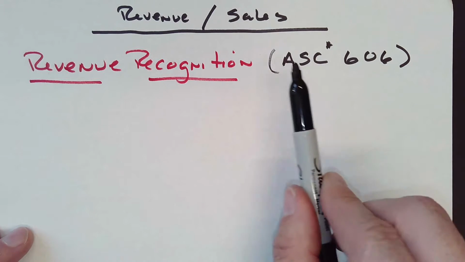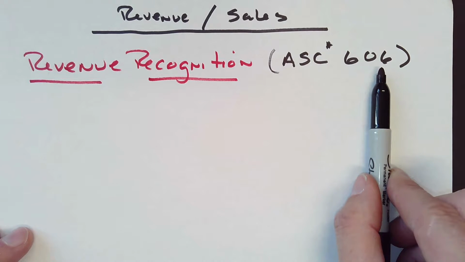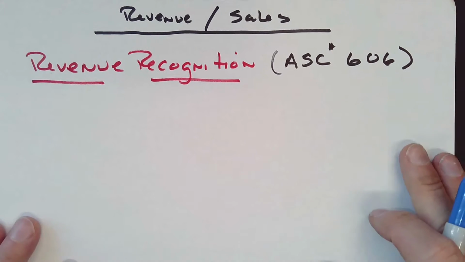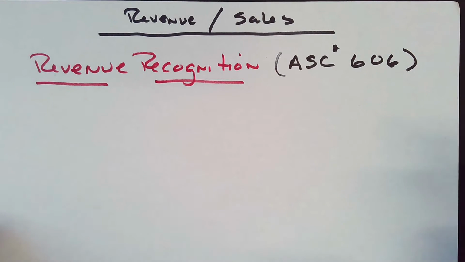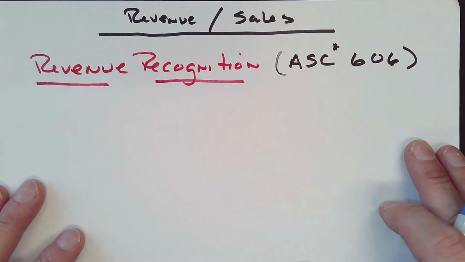So let's talk about the 5 elements that dictate revenue recognition under ASC 606. With any type of organization, any type of thing we're doing, we're generally entering into contracts.